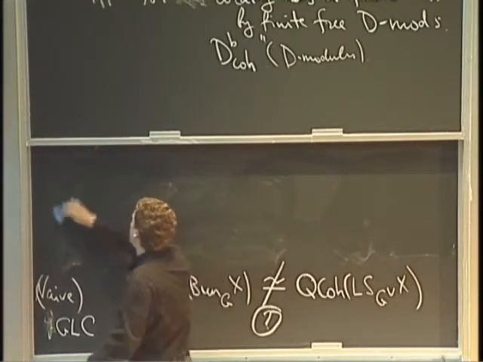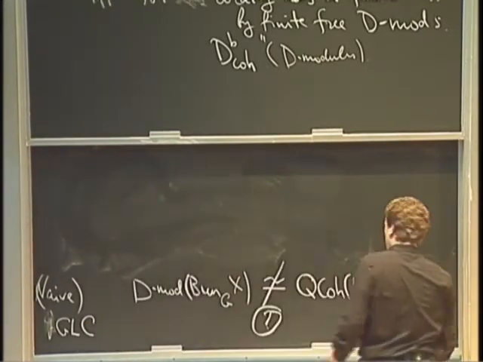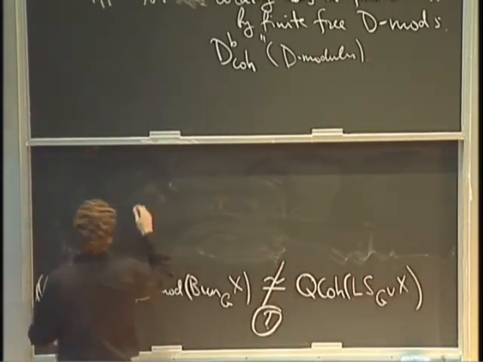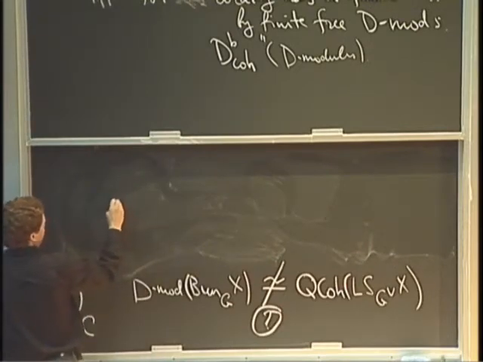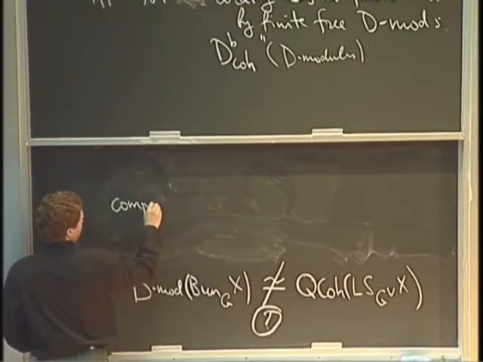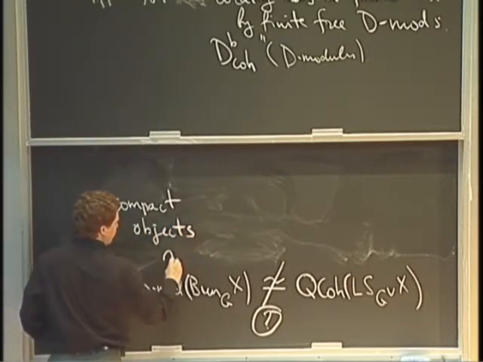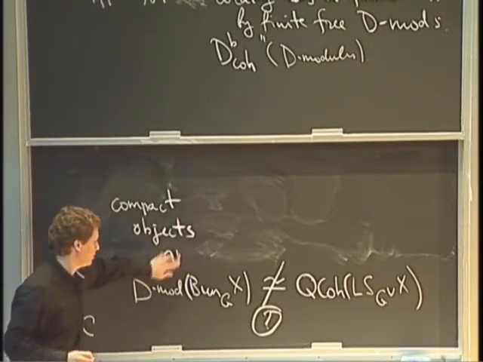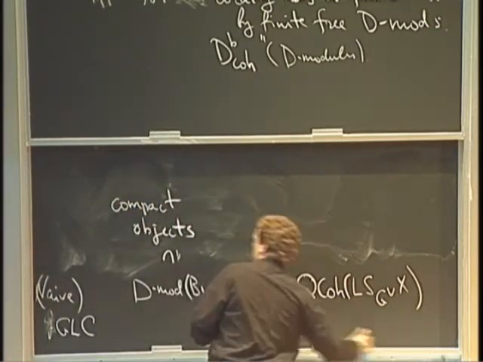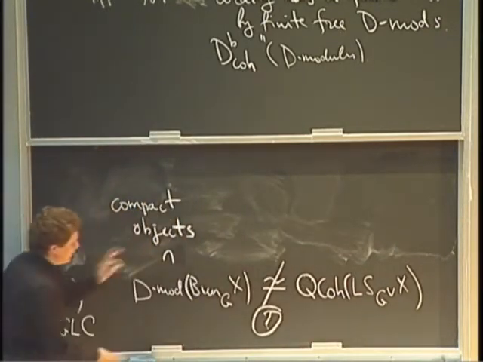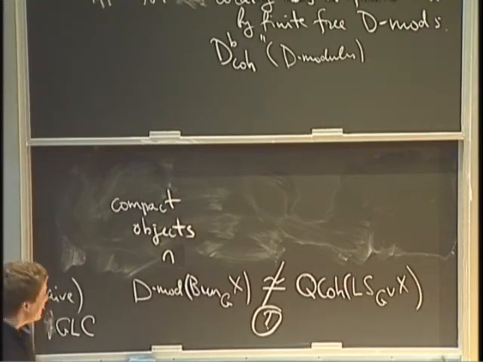And then basically here's what happens. So we can look at compact objects. This is what happens from teaching lower level courses. Anyway, this is actually strict inclusion anyways.